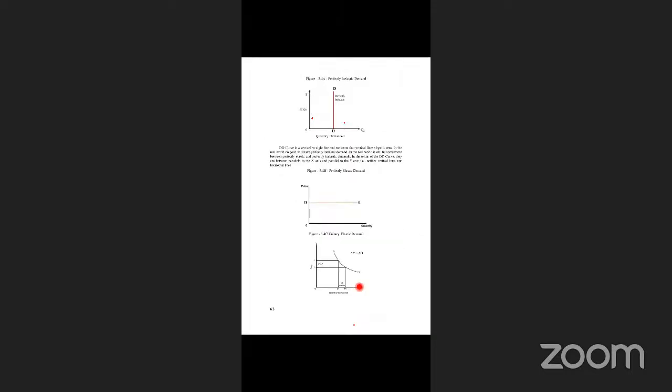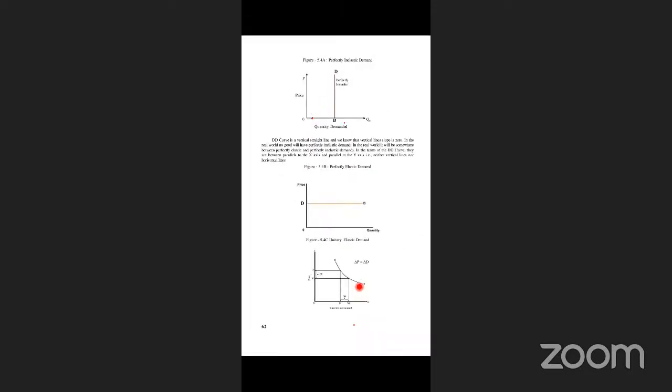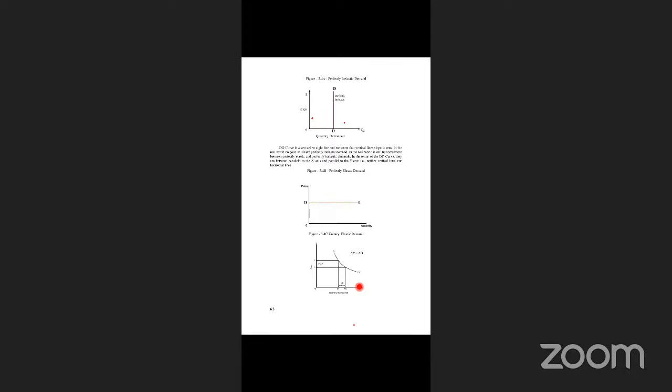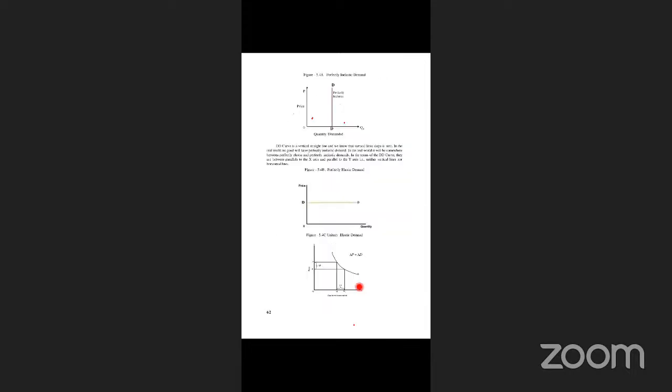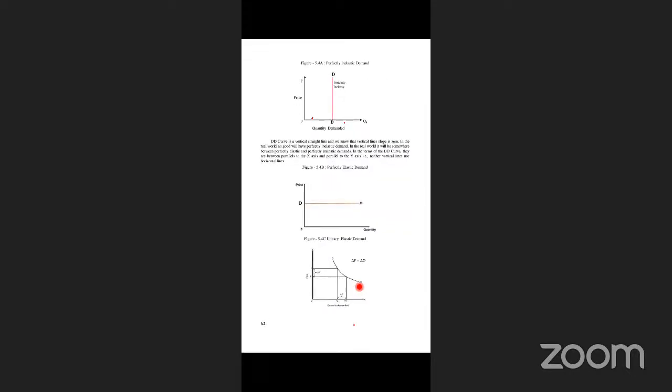See, next we have 3 situations. One is the vertical line, which is called inelastic, and second, easy to understand and to remember, I'm explaining, perfectly inelastic.